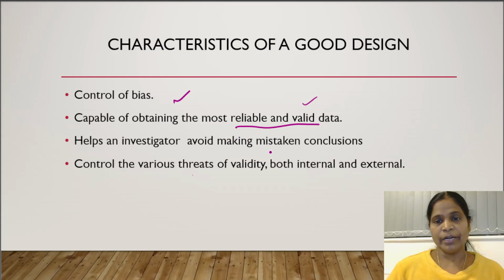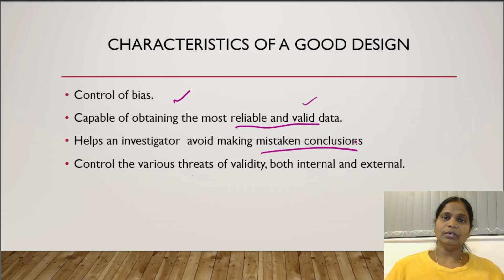Helping an investigator avoid mistaken conclusions is one of the characteristics of a good research design. If the tool, the method, the sampling, whatever you are doing step by step, is reliable and valid, and the way you organize the data and interpret the data is sound, and after that you come to conclusions, then you will not make any mistaken conclusions.